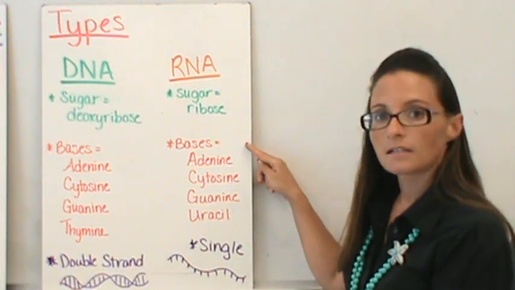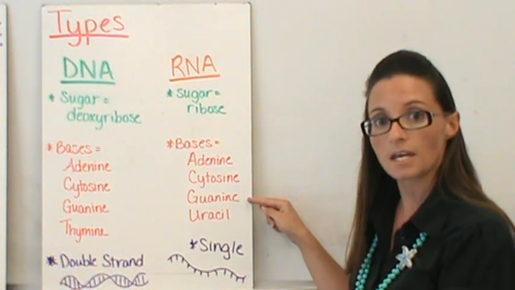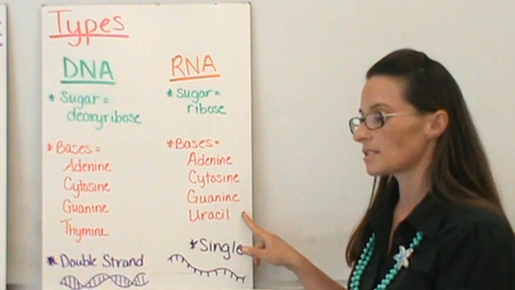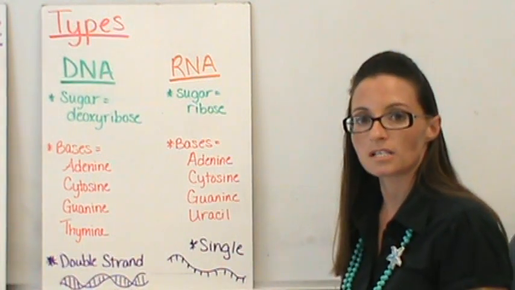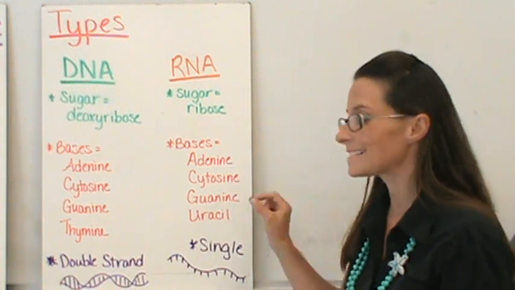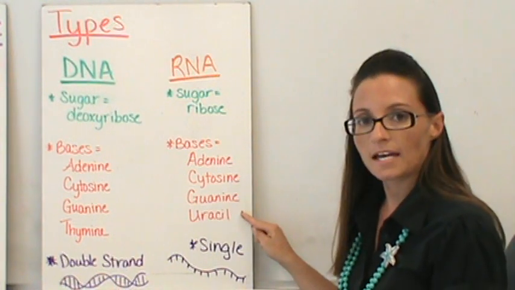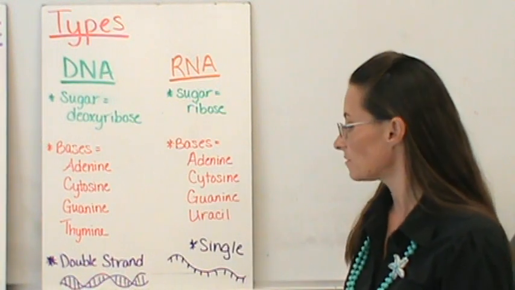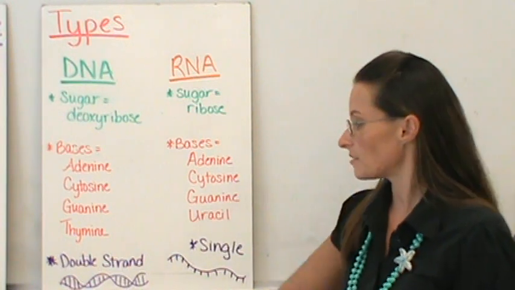RNA contains the bases adenine, cytosine, and guanine, which are the same, but then it has a different base. It doesn't contain thymine. It actually contains a base called uracil. So RNA has the bases A, C, G, U. Okay?